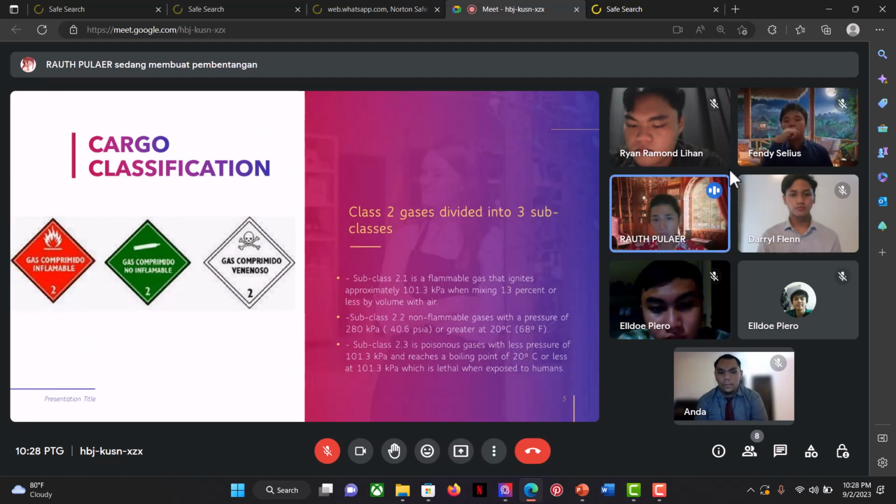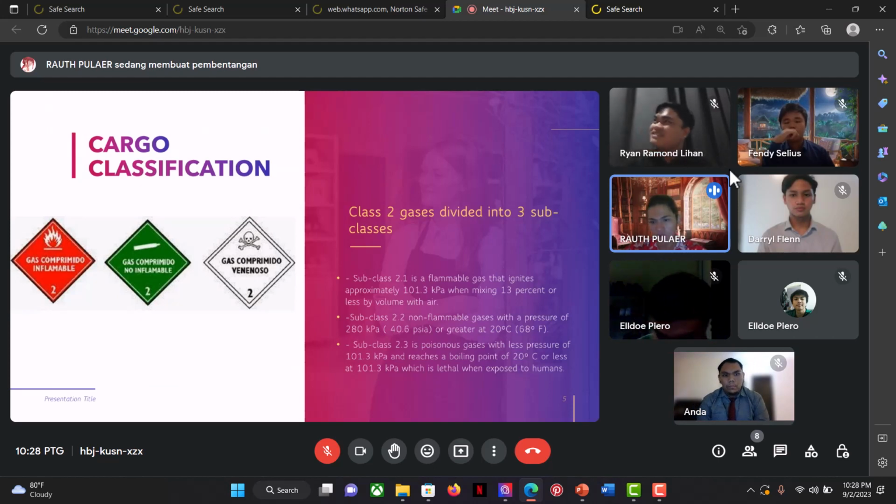Subclass 2.1 is a flammable gas that ignites at approximately 101.3 kilopascals when mixed at 13% or less by volume with air. Subclass 2.2 is non-flammable gases with a pressure of 280 kilopascals or greater at 20 Celsius, which means it can only be exposed within the range of 20 Celsius or 68 Fahrenheit.